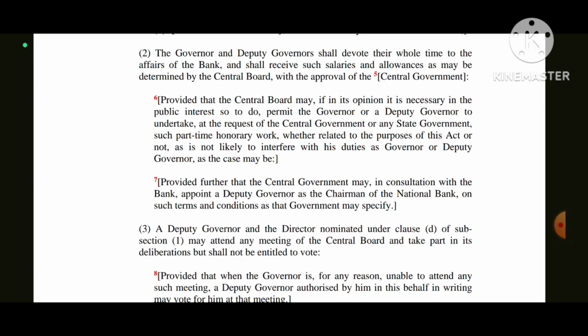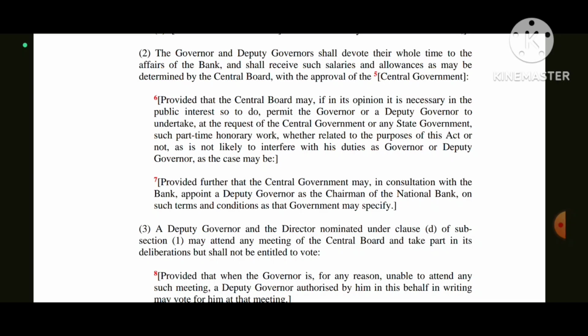The central board will determine how much salary and allowances to be given to the governor and deputy governor with the approval of the central government. And one provision is also there, that they can also do any part-time honorary work that has been requested by the central government or by any state government.